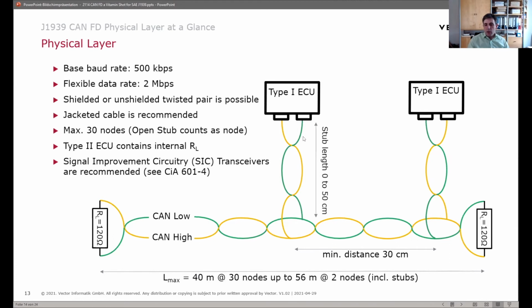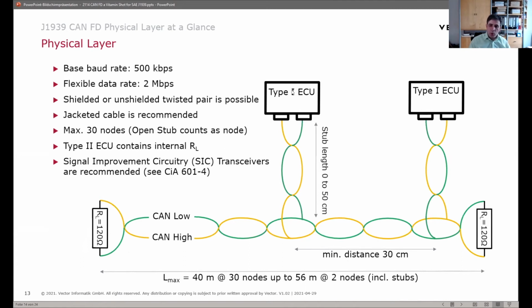And then we can also have a limited stub length of about 50 centimeters, or half a meter. And there's a minimum distance that needs to be maintained between 2 nodes of about 30 centimeters. So those are, at a glance, the major physical layer conditions that we have to meet. We have termination resistors at the end of the backbone, and there are 2 types of nodes.